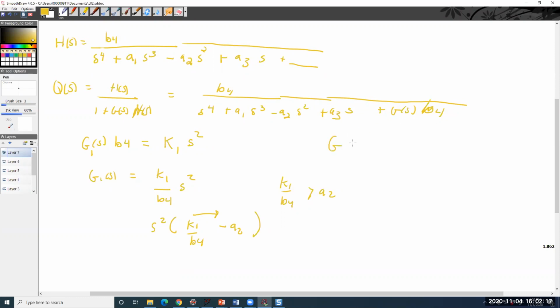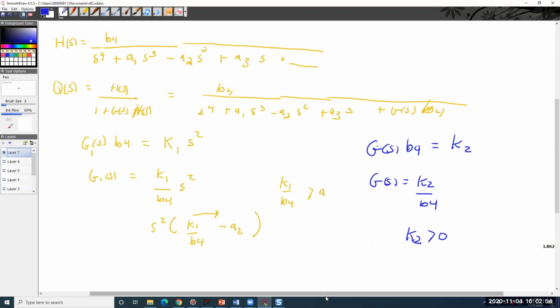So G of S times B4, I just need some kind of constant. So really, G of S is K2 divided by B4. Now, if everything else is positive, how do I keep that positive? That's easy. K2 greater than 0.